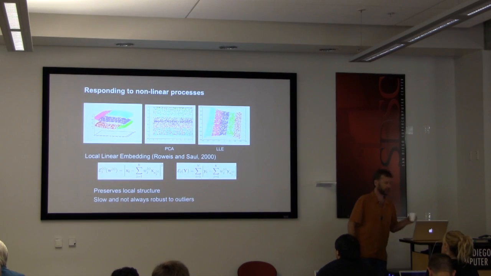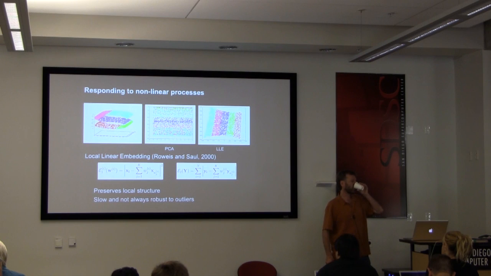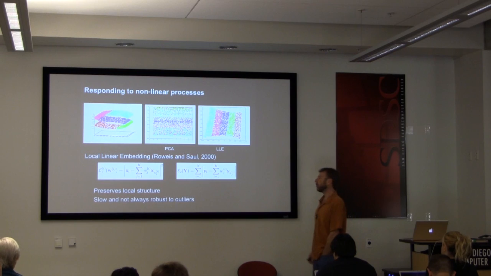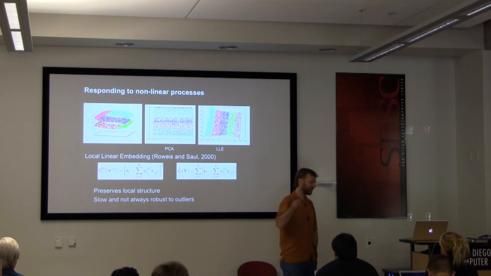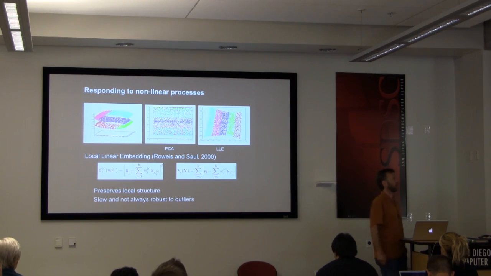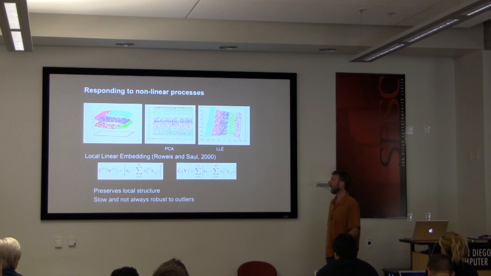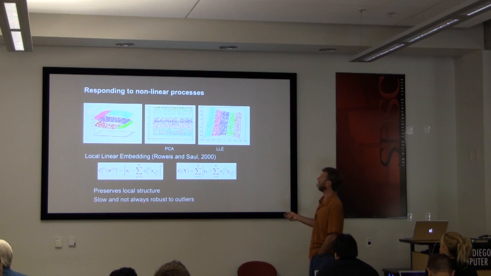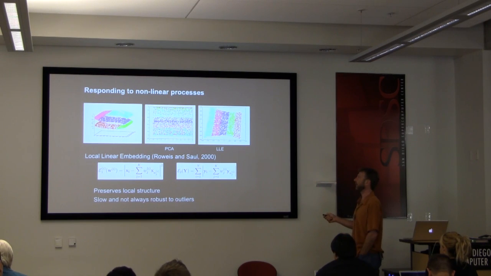Let's take a slightly different direction and think about what we can extract from the data if we're looking at local structure. And this is often referred to as manifold learning. And the classic example for manifold learning is this diagram up here, the S-curve, or sometimes this is done as a Swiss roll.